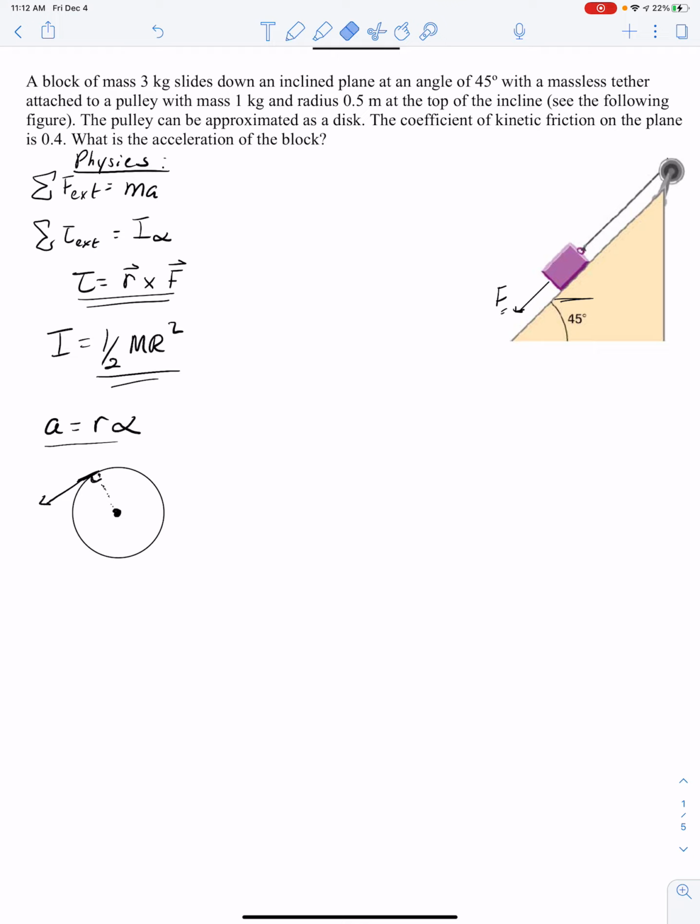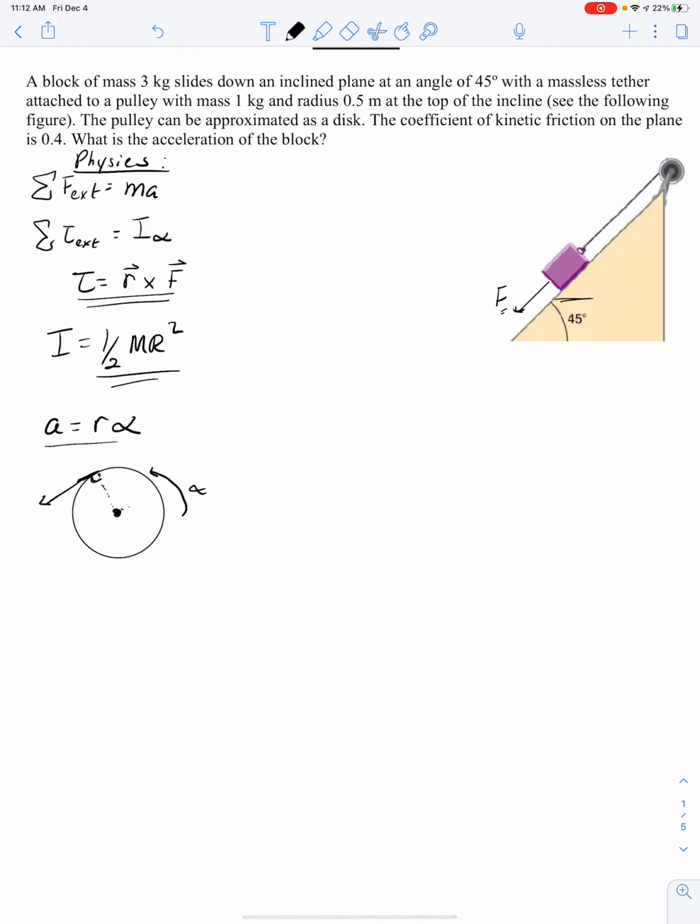And it's also important to note that as the pulley is rotating, it is experiencing an angular acceleration. This angular acceleration can be experienced in any place along the circle.